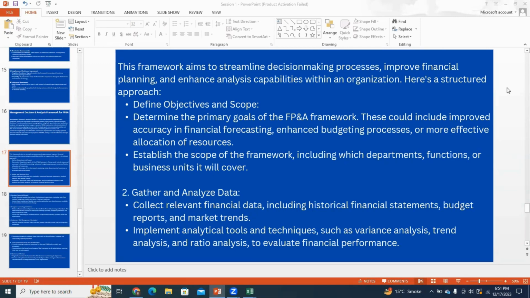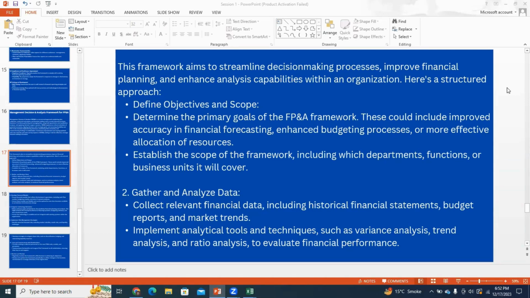And yes, there are some other similar things. It says gather and analyze data. We have to collect the resources. Here it explains what financial data should be collected.